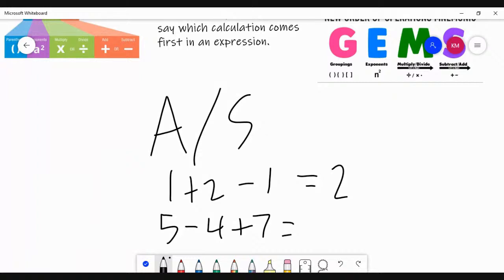After I've done everything in my parentheses, after I've done my exponents, after I have multiplied and or divided from left to right, depending on the order, then I will add or subtract from left to right. So now 5 minus 4 gives me 1. 1 plus 7 gives me 8.